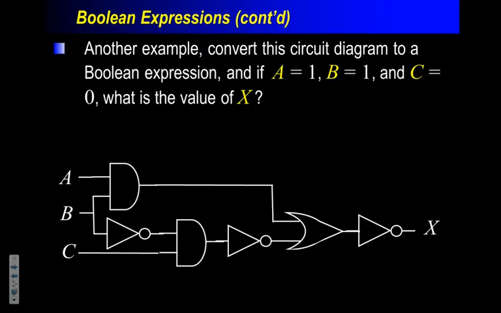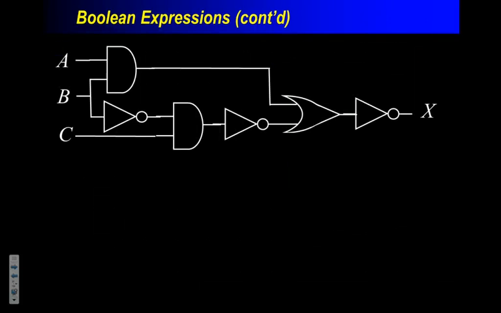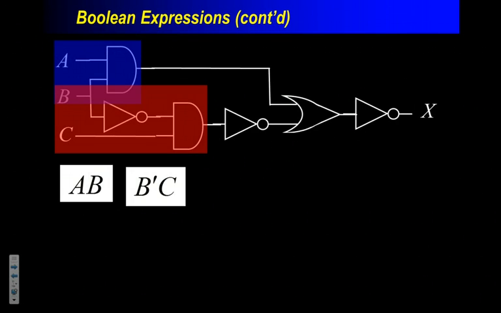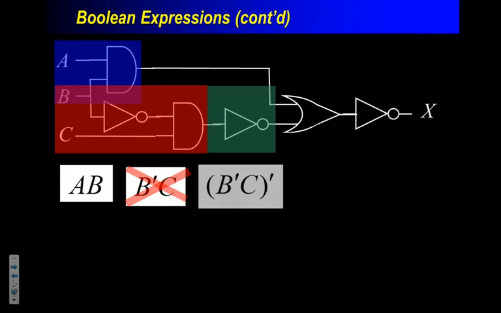And what's being NOTed is two things being ANDed. And what the two things are is B and C, but B's being NOTed first. So it's not B and C. Okay? So this will take a little practice, but if you think that through, it'll look like this, right? Here's A and B. Here's NOT B and C. Then you NOT this, so it's that, right?